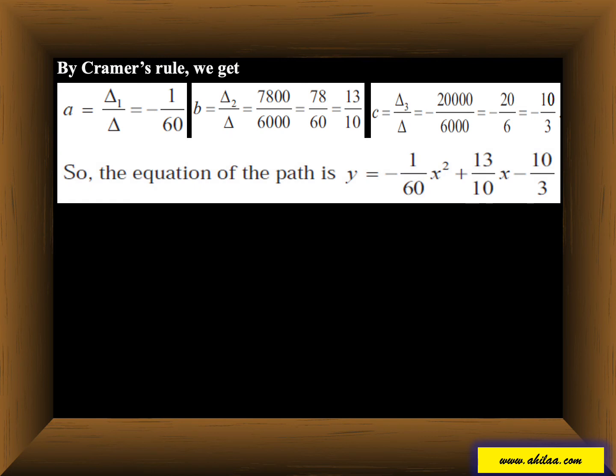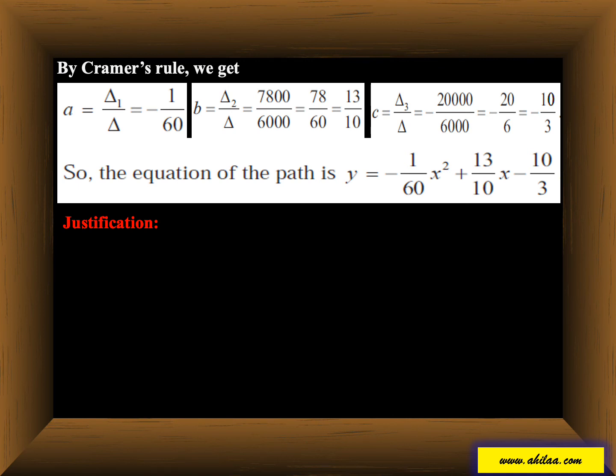So the equation of the path is, substituting these values of a, b, c in the equation, y equal to minus 1 by 60 into x square plus 13 by 10 into x minus 10 by 3. Now there is a question to justify.